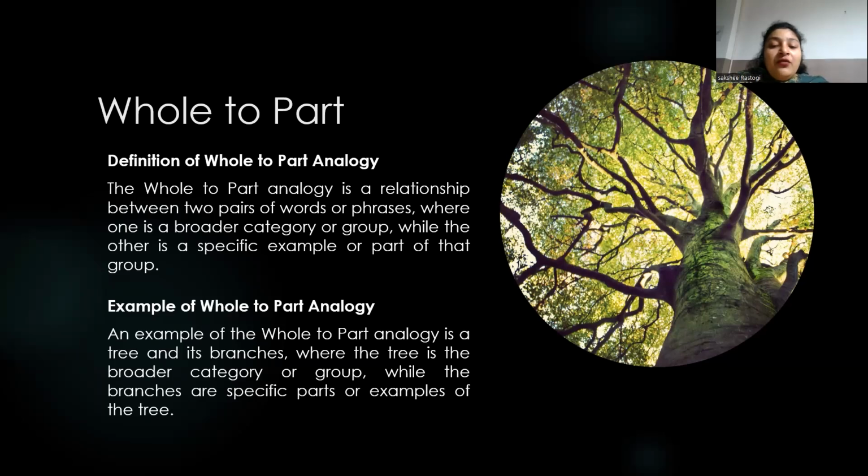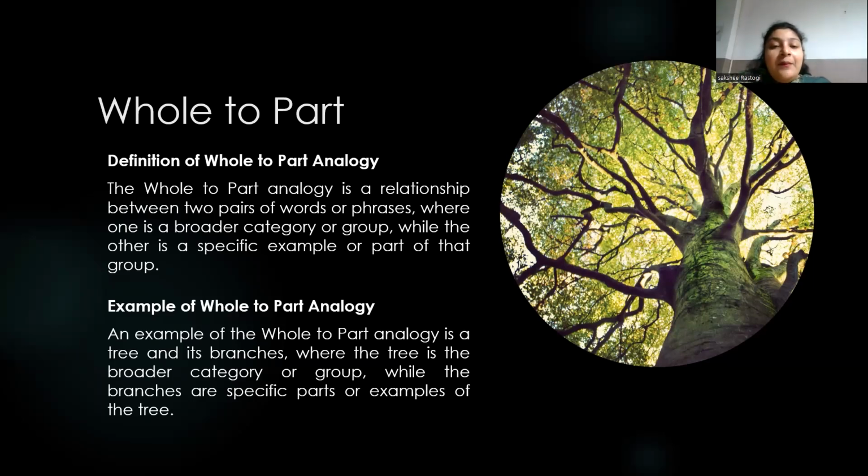Ocean is to wave and army is to regiment. University is to faculty and corporation is to department. Garden is to flower and orchestra is to musicians. City is to district and organization is to team.